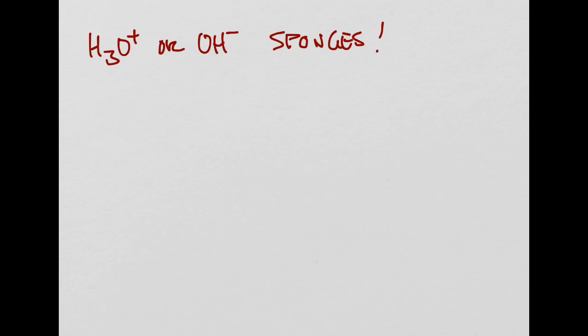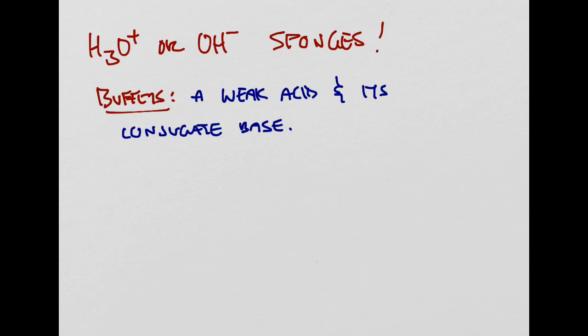Typically, a buffer is going to contain a weak acid and its conjugate base. A weak acid and its conjugate base. So let's take a look at some of these potential pairings that could go into making up a buffer.